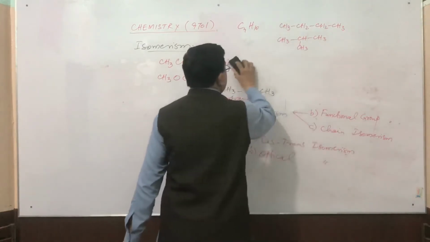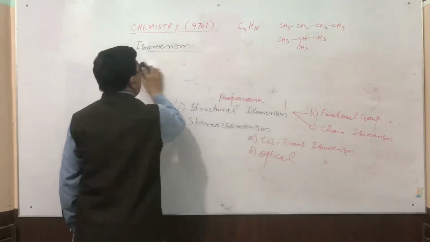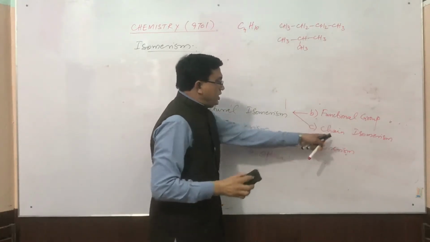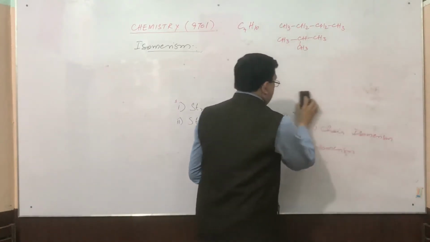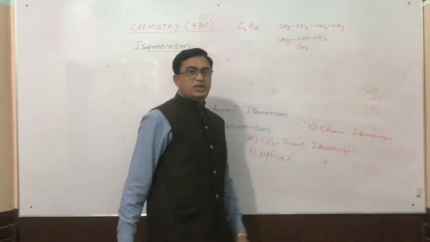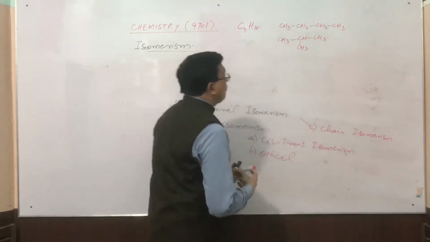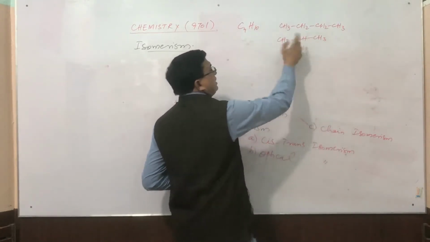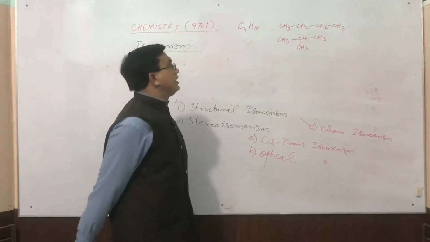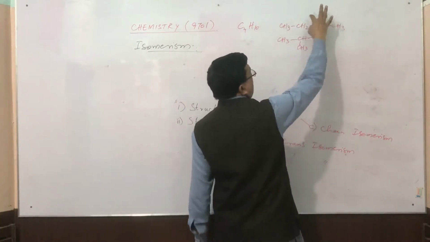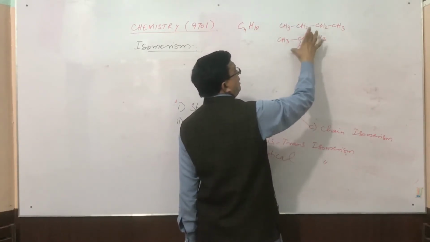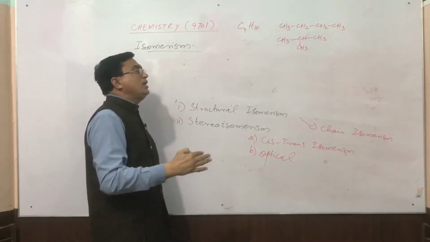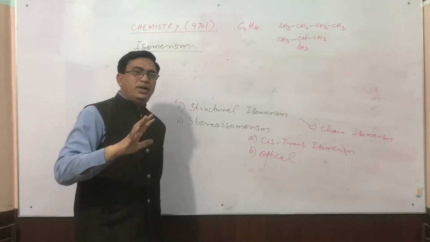Now, the third one is chain isomerism. This is an example of chain isomerism. For example, this is butane, this is 2-methylpropane. Molecular formula is the same, but structural formula is different, and only carbon atoms are there.